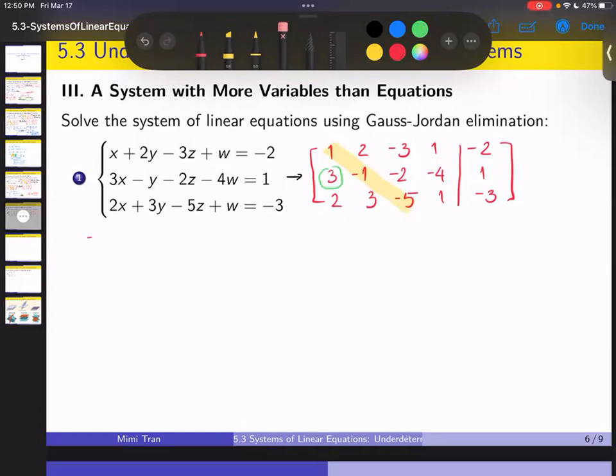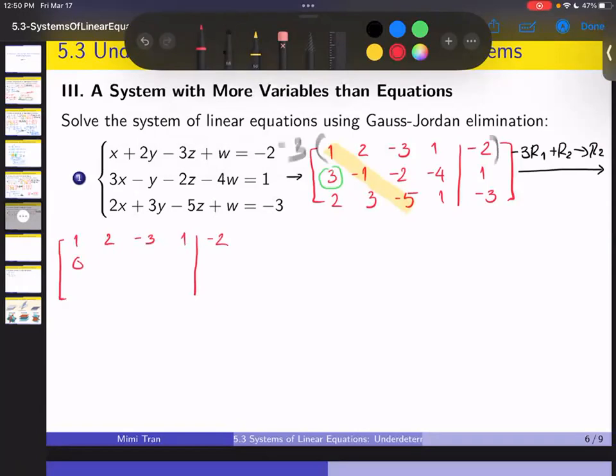Same thing. -3 R1 add to R2, give me new R2. 0, -6, -1, -7. +9, -2 is +7. -7. +6, +1, 7. I feel deja vu, which is similar to the one we did earlier.